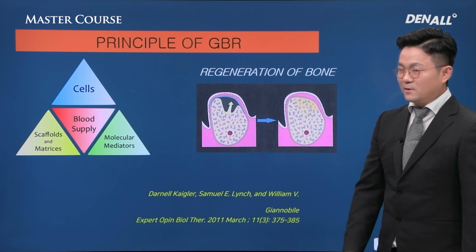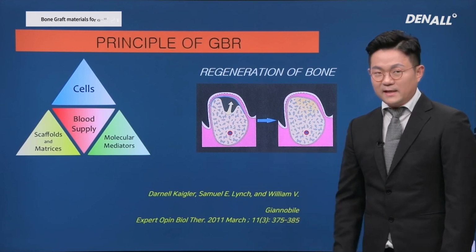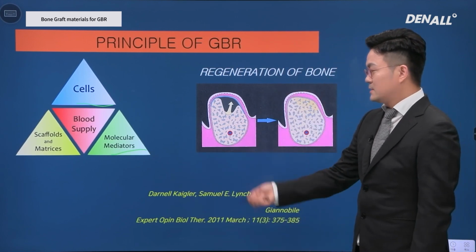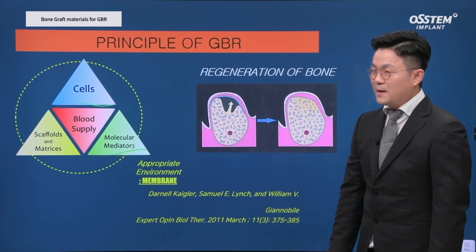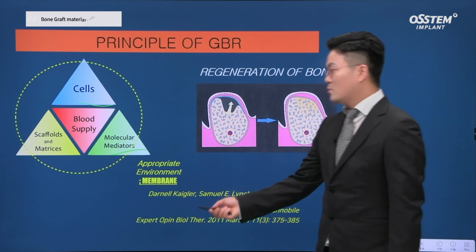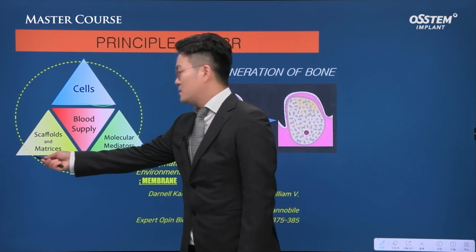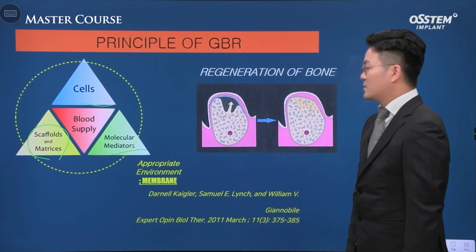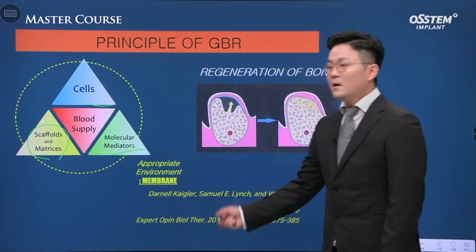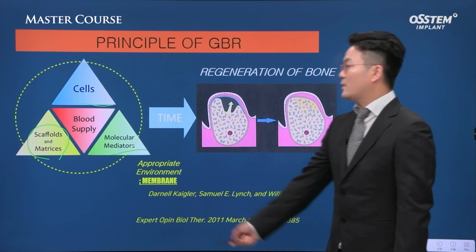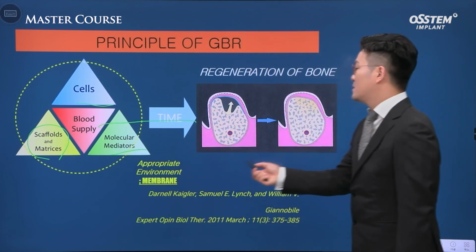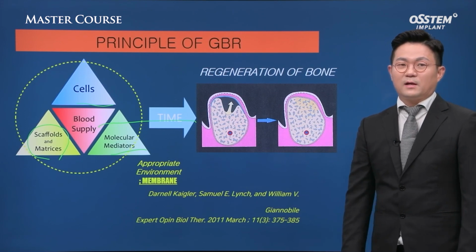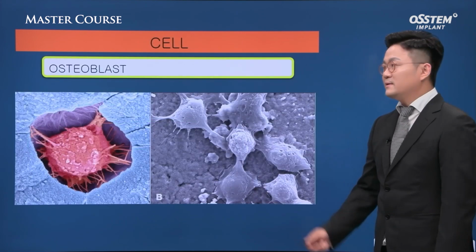As you know, to make, regulate, and obliterate bone, cells are necessary, and signaling molecules like BMP would be there. Scaffolds, such as bone graft materials, would exist, and they need an appropriate environment, and they need to be protected by a membrane, and a flat and sufficient blood supply is required. Over time, bone is regenerated. This is the principle of GBR.